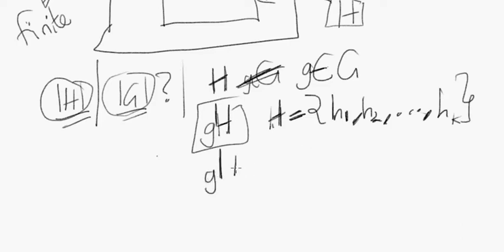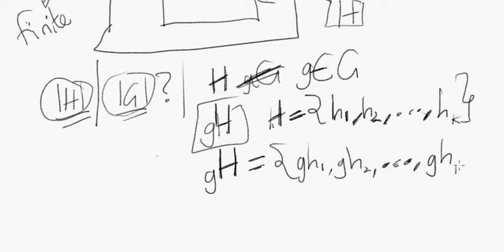GH is exactly what we think it is. It's multiplying H by g to the left. So the end result would just be g times H1, g times H2, dot dot dot, g times HK.